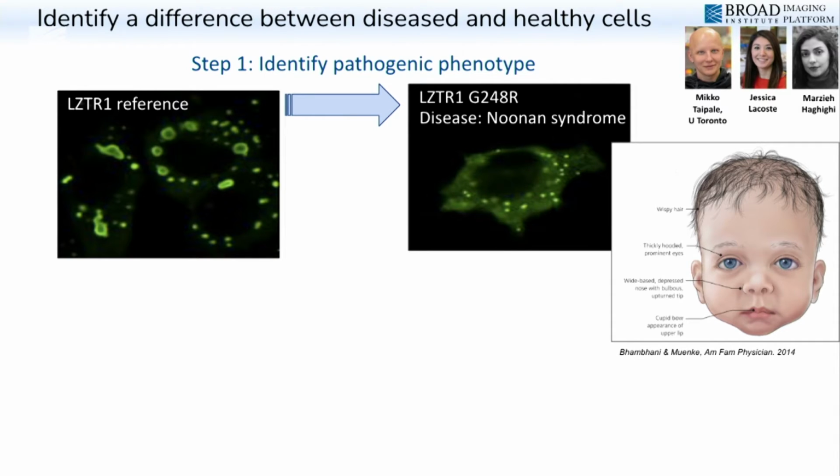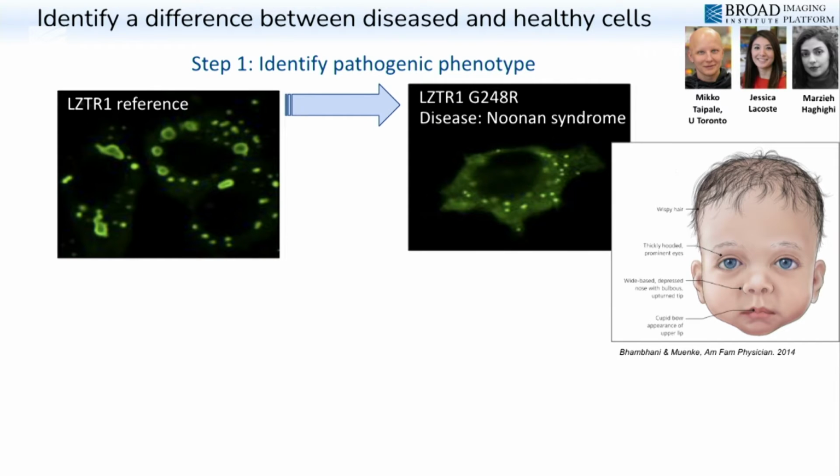So the protein's still in the cytoplasm, but now there's this kind of diffuse staining, and the blobs definitely look very different. In this particular case, you could also diagnose this disorder by looking at a human face. Here, we're just looking at cells that have been engineered, or in this case, transiently transfected, to express either the regular protein or the mutant protein.